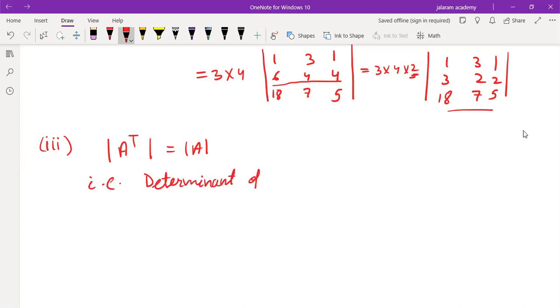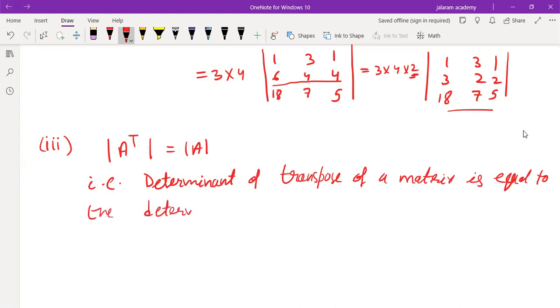Determinant of the transpose of a matrix is equal to the determinant of that matrix.